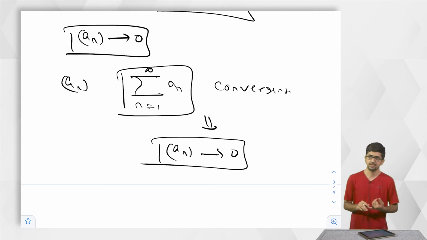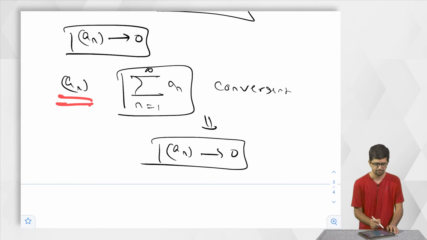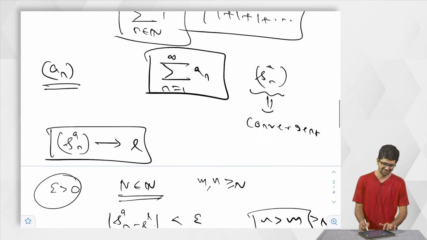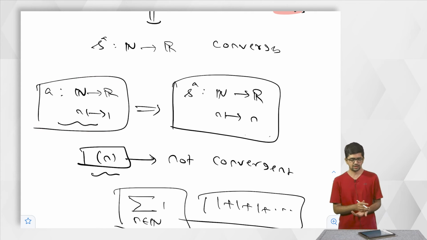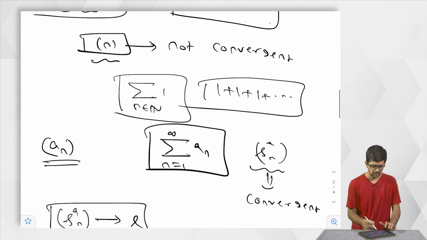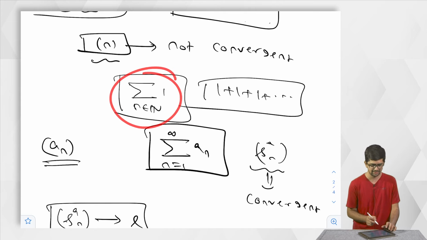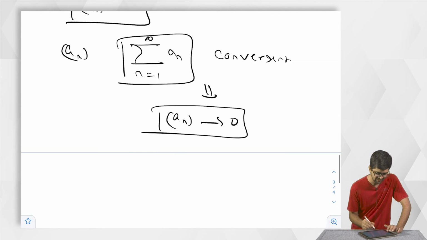One is it should be convergent, so one cannot take any arbitrary sequence to start with. Then it should converge to 0. So obviously we cannot take this sequence. This is convergent of course, but it converges to 1, not to 0. So that is the problem. We could not prove that this is convergent. So now what is the result that we have? I have already mentioned it here.